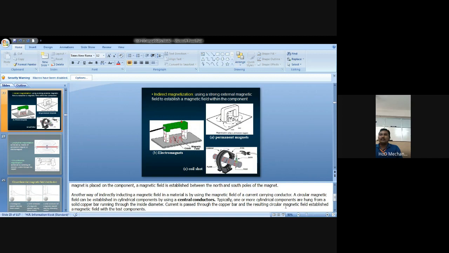A circular magnetic field can be established in a cylindrical component by using a central conductor. Typically, one or more cylindrical components are hung from a solid copper bar running through the inside diameter. If the current is passed through the copper bar, the result is a circular magnetic field established within the test component.